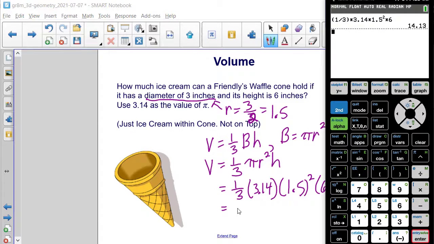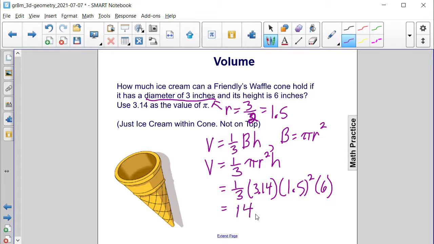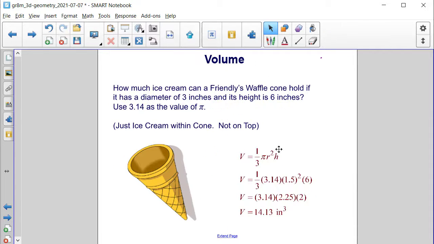So that's 14.13 cubic inches as our volume. And here we see that the solution calculated for the volume of the Friendly's waffle cone is 14.13 cubic inches.